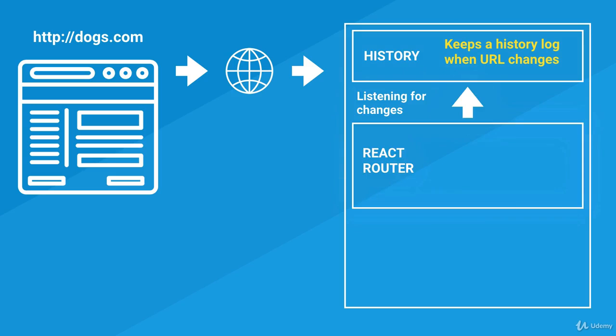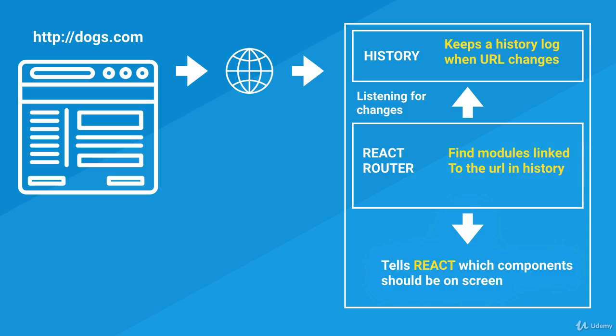Then we have the React Router. The router is going to be checking the history, listening for changes. Whenever we get a change on the URL, it's going to detect it. Then it's going to find the modules that are linked to that URL. So let's say we have a Shih-Tzu. We're going to go to the module that belongs to Shih-Tzu. Then it's going to say, hey React, we have a change on the history, so you need to show this component.